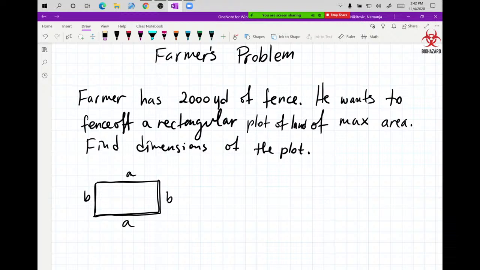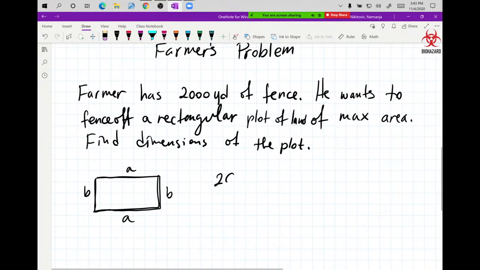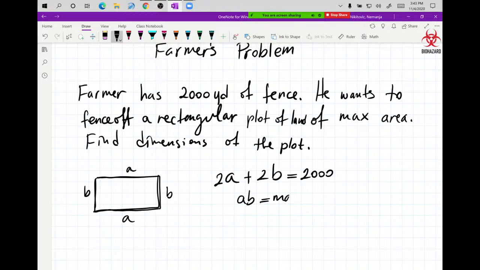All right, so let's write the equation. The perimeter is 2a plus 2b equals 2000. You can also use x and y if you want. And he wants maximum area: ab equals max.